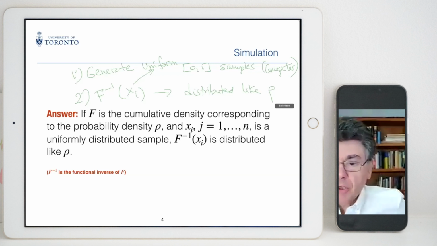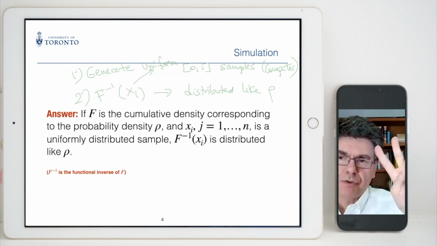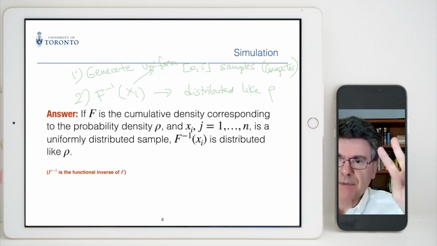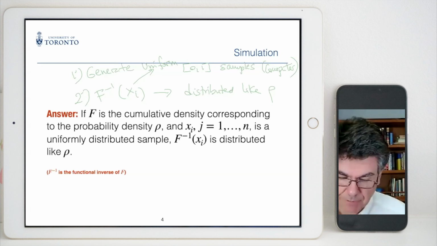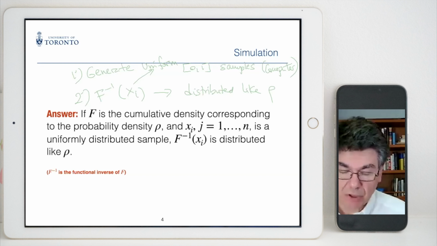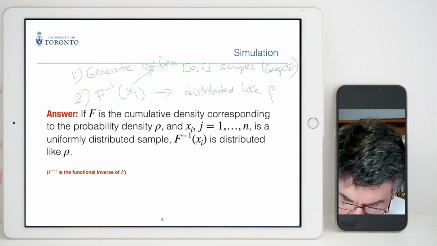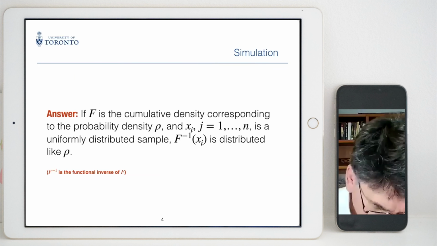It's very simple. You just need to do two things. You generate random uniform samples, and then you apply the functional inverse of the cumulative distribution function. What you have is guaranteed to have the distribution that you're looking for, rho.